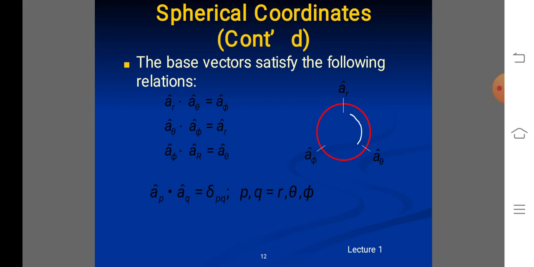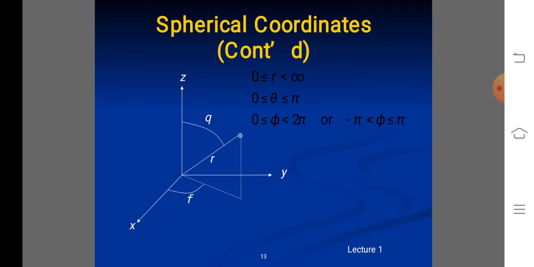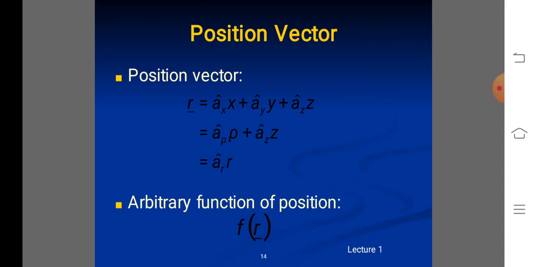Similarly, the other relation follows. These are the spherical coordinate system limitations.